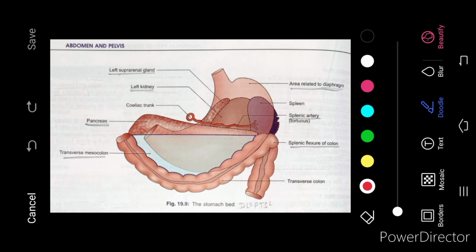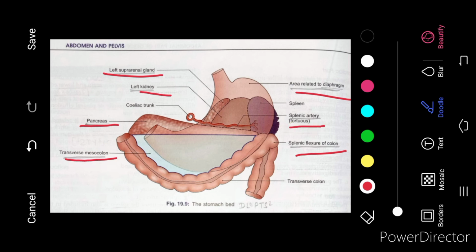So from D it is diaphragm, from L it is left kidney, from other L it is left suprarenal gland, from P it is pancreas, from T it is transverse mesocolon, from S it is splenic flexure of the colon, and from other S it is splenic artery.